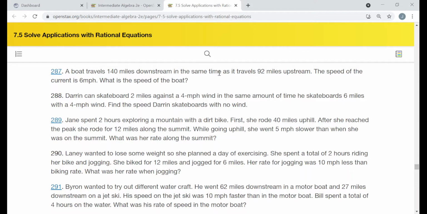In the same time as it travels 92 miles upstream. Upstream means you're going against the current, against the water. And the speed of the current, the water, is 6 miles per hour. What is the speed of the boat? So this is again very similar to the first two questions.